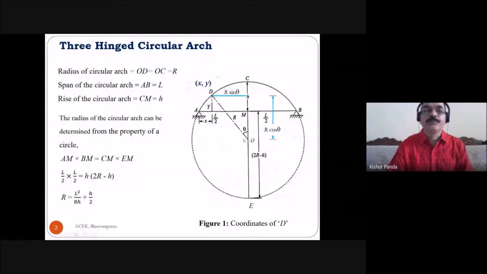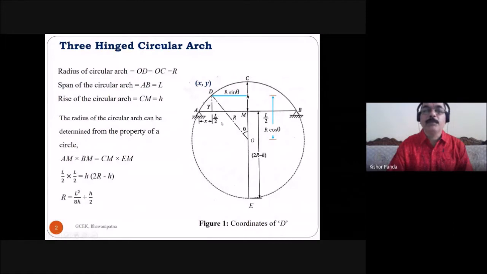From the property of a circle, AM into BM is equal to CM into EM. From this principle, you can find the radius of the circular arch. But what is the length of AM?